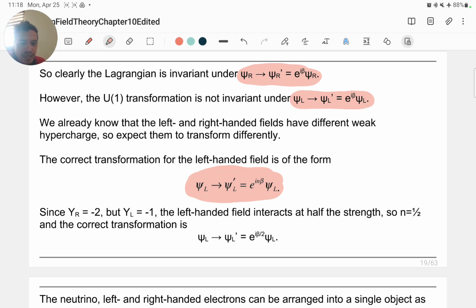So you will have to add an n that is equal to 1/2 in the transformation.